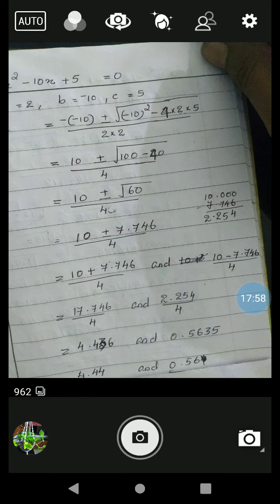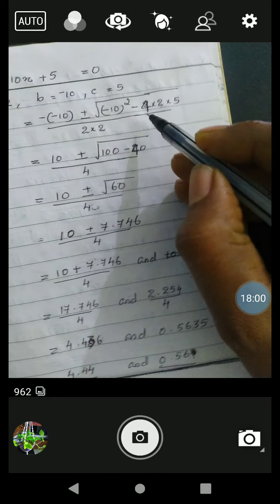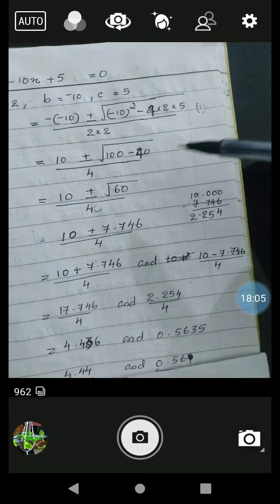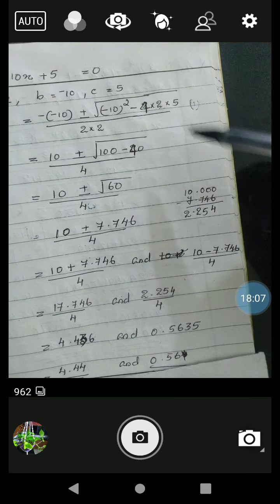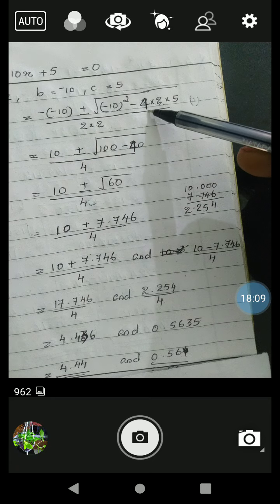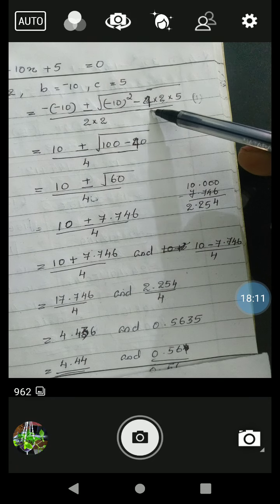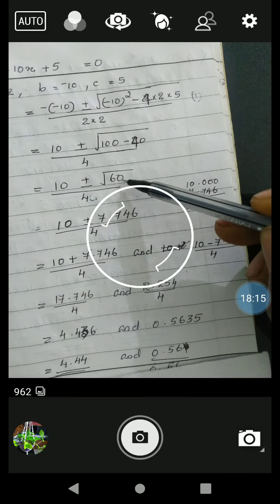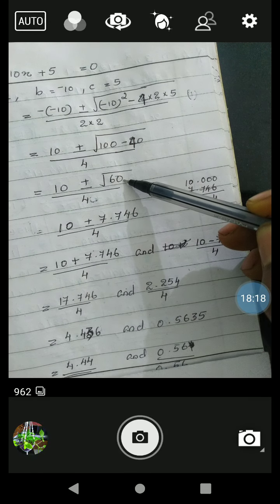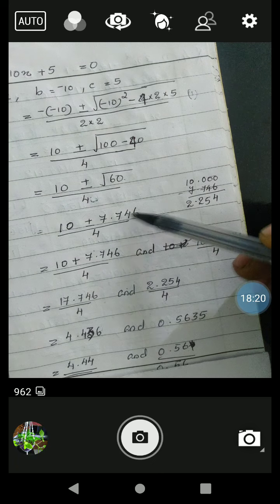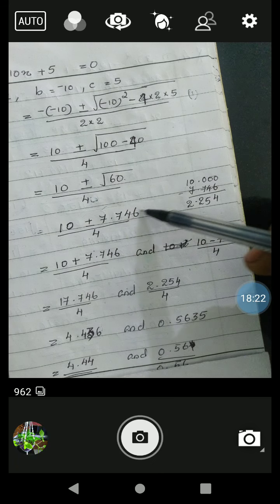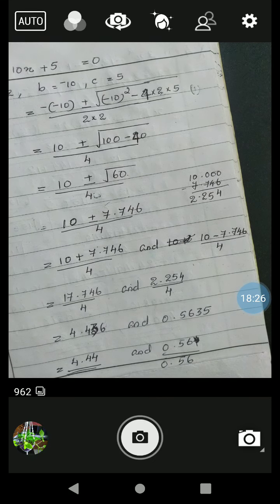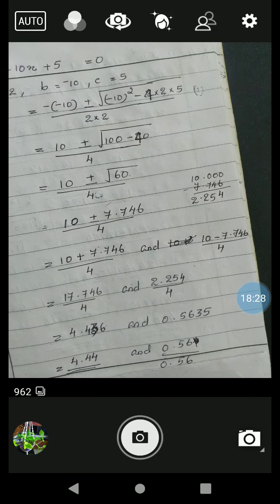Here, I will give the value points. In this question, you will get 1 mark for correct substitution in the correct formula. It's a sure question for the board exam. And when you get the square root of 60, if root 60 is correct, in this place also you will get 1 more mark. 3 mark question. And correct 2 decimal places.